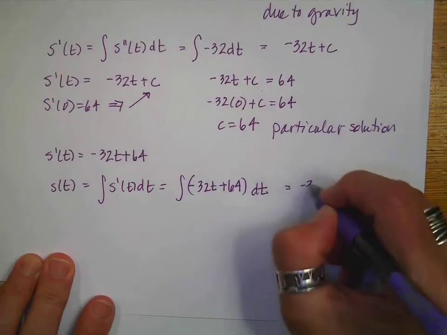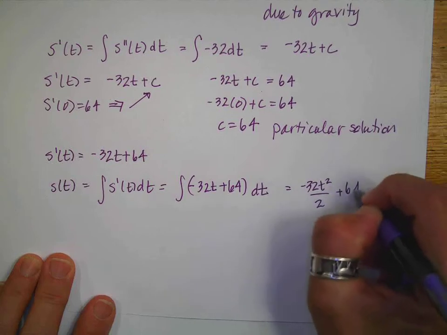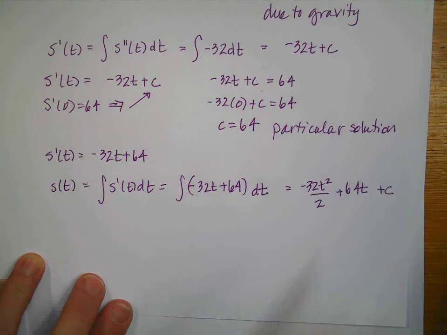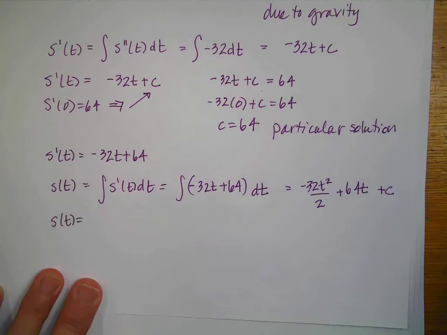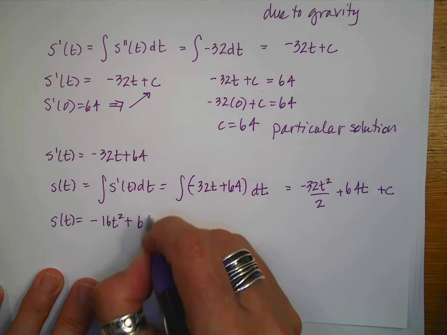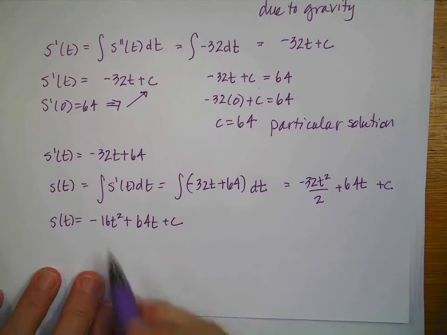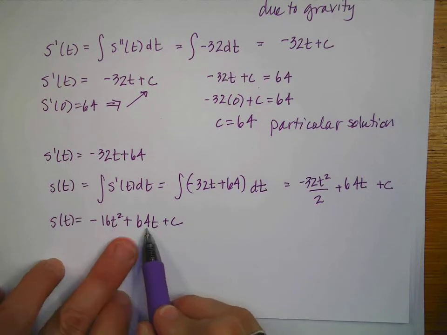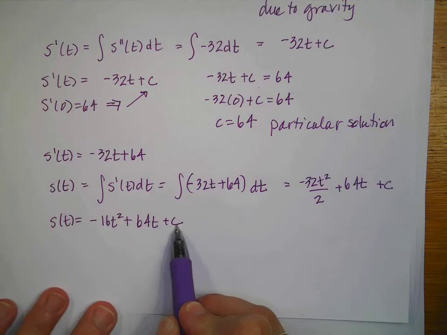And when I do that math, I'm going to get negative 32t squared over 2 plus 64t plus c, okay? Alrighty? So my s of t, my handy-dandy equation, is negative 16t squared plus 64t plus c. I think this is really cool. This is your projectile motion equation. There's your gravity, right? 64 was your initial upward velocity.